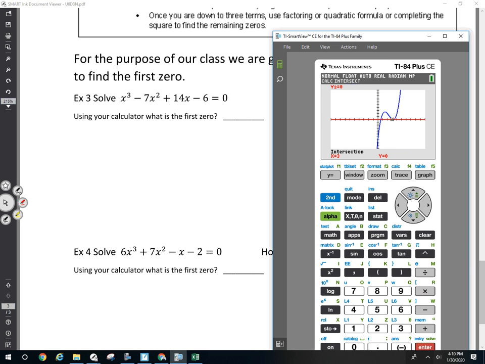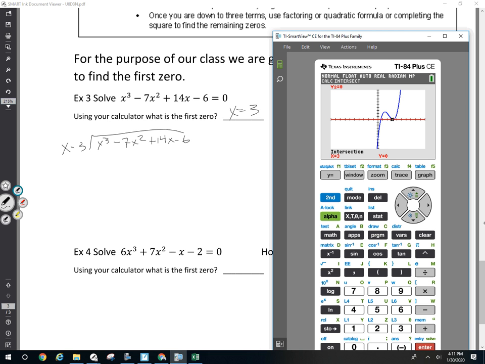Since 3 is a solution, I know I can take x minus 3 and divide it out of that. And I can write a factored form, x minus 3 times something gives us x cubed minus 7x squared plus 14x minus 6.